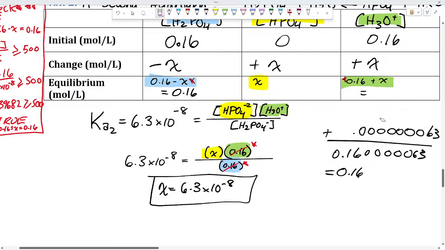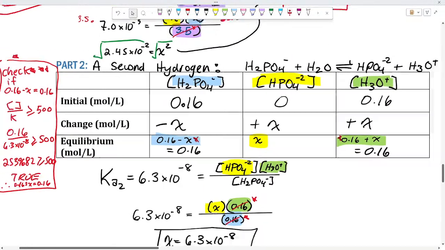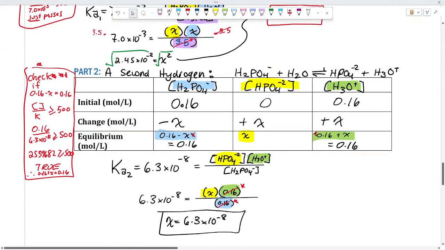So that really didn't change, right? So this will just equal 0.16.